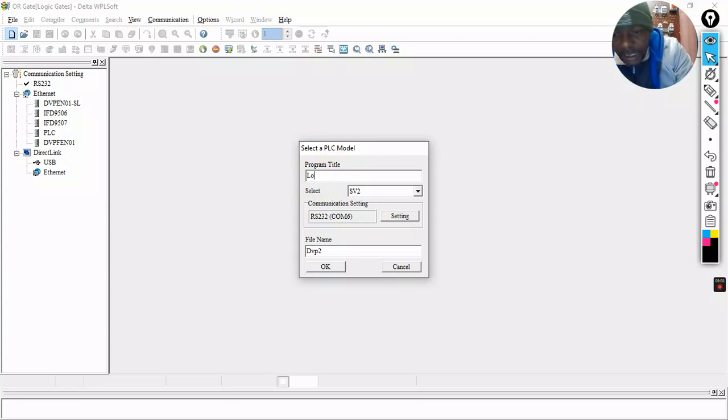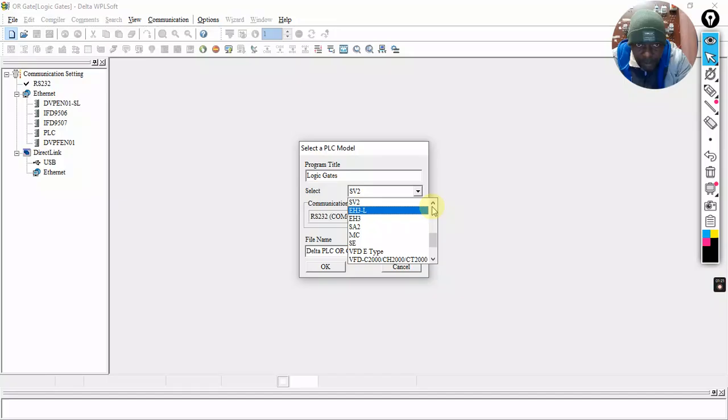We're doing logic gates, and we are particularly interested in the Delta PLC, and then we want to do OR gate.